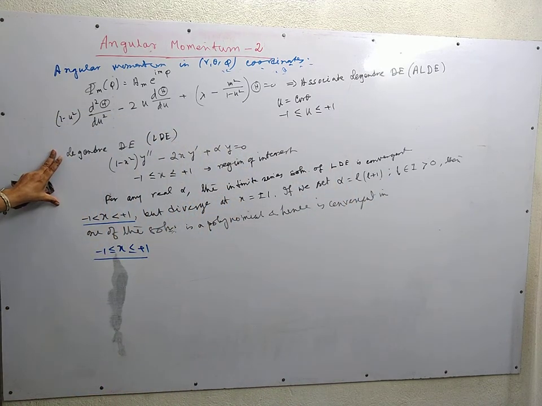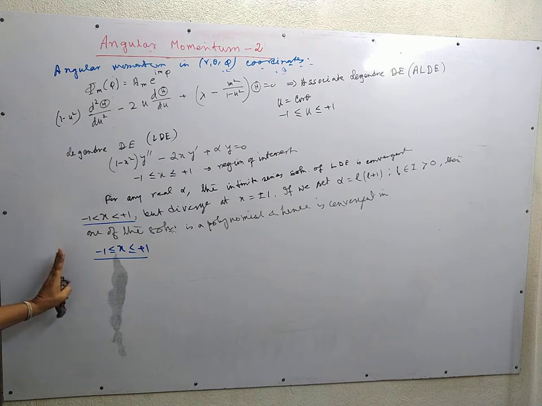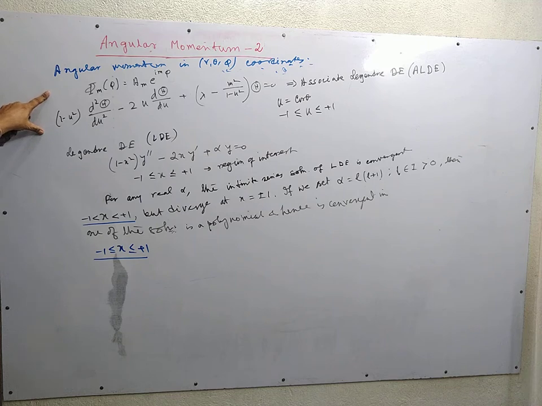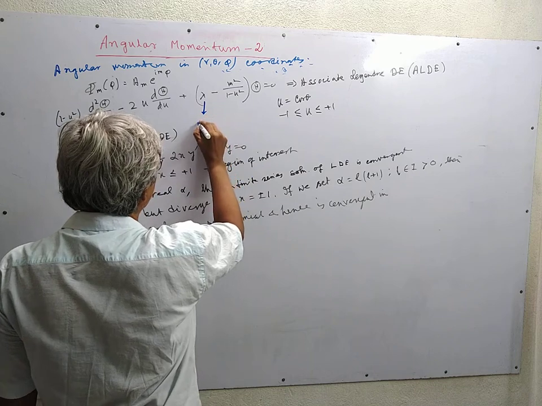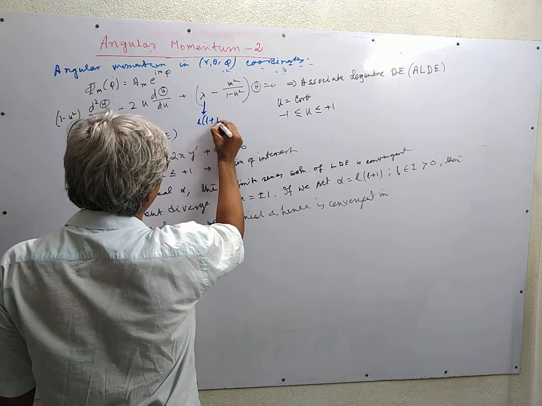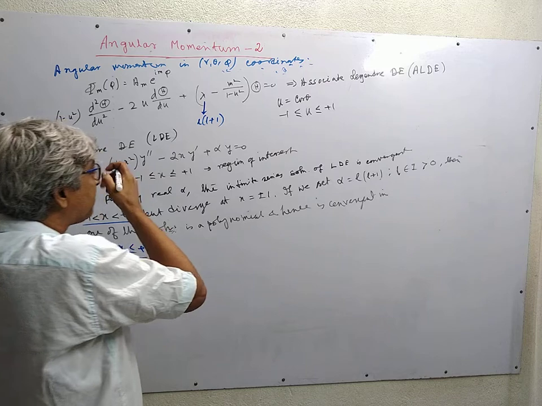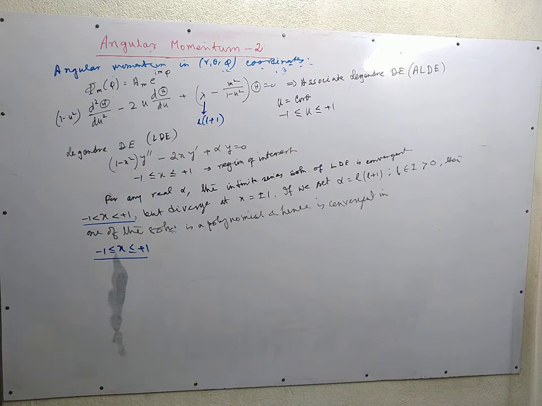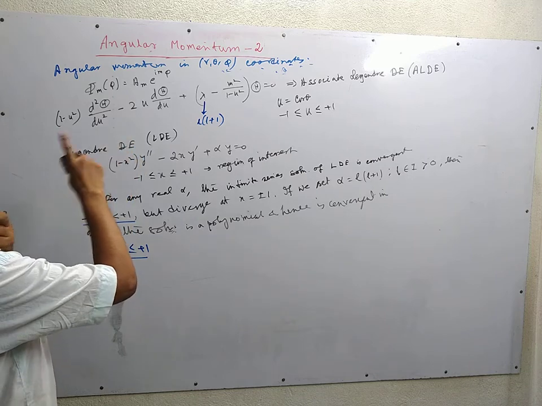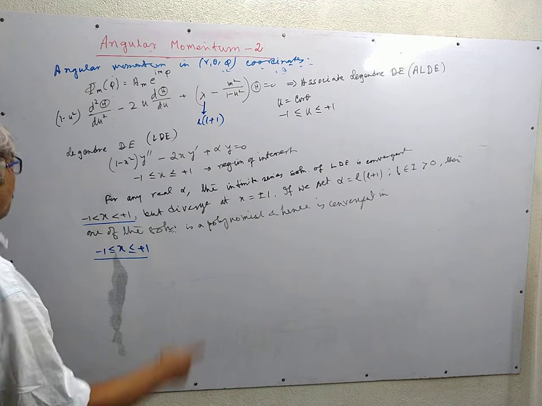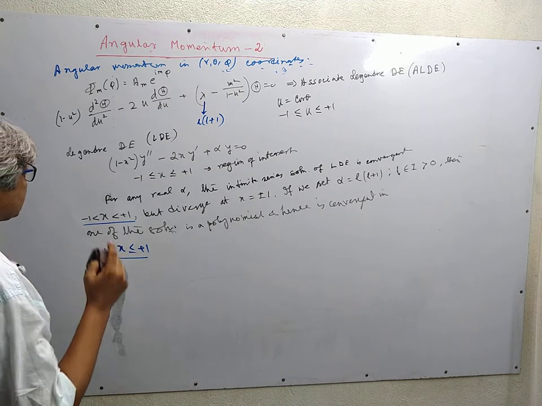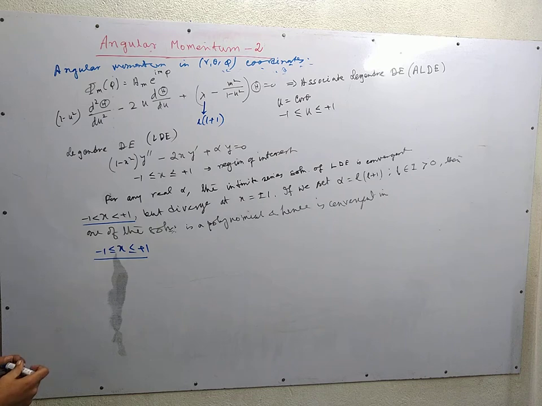The property of the Legendre differential equation is also carried over to this associated Legendre differential equation. So we conclude that for a convergent solution on the z-axis one must have lambda is equal to L into L plus 1, where L is an integer.